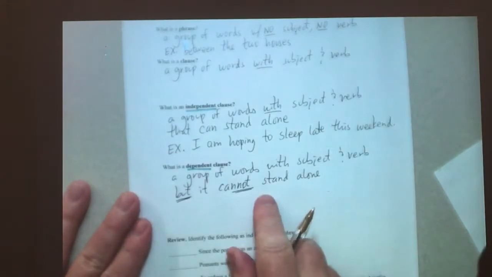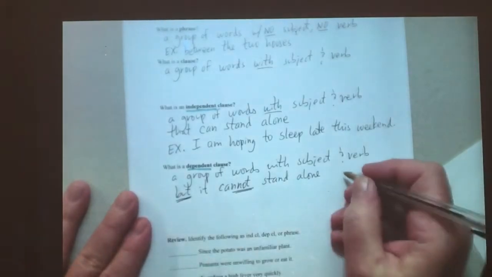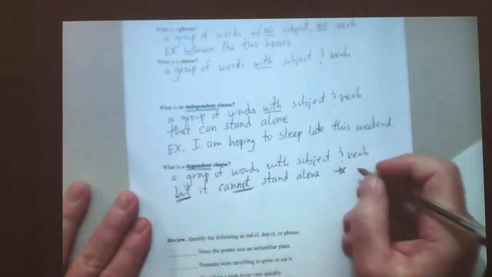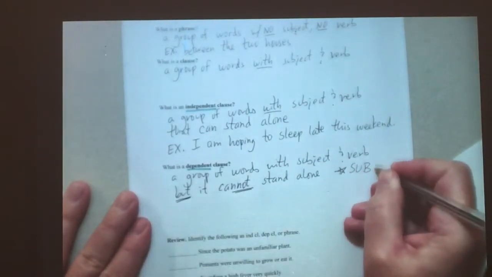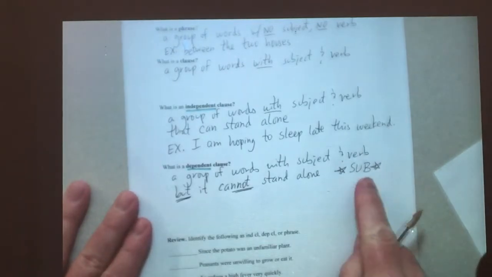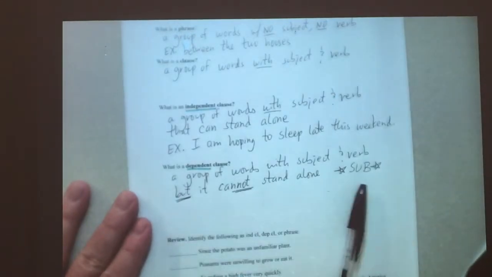Now, the reason why it cannot stand alone is because of, remember what that stands for? Subordinating word. Good. The reason being is that every dependent clause begins with a sub.